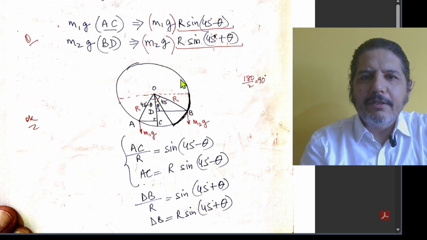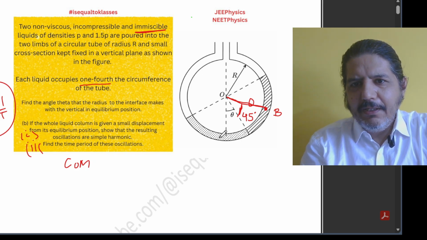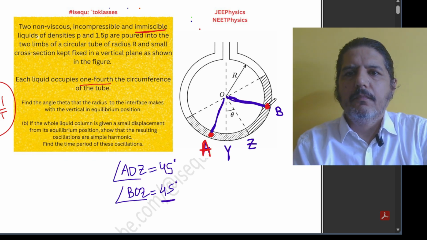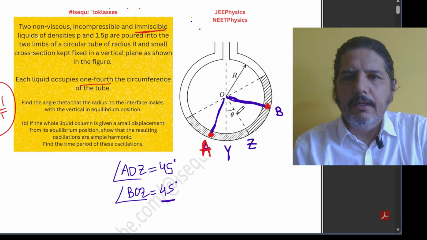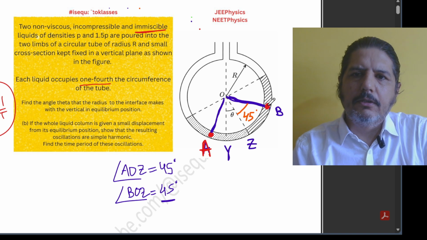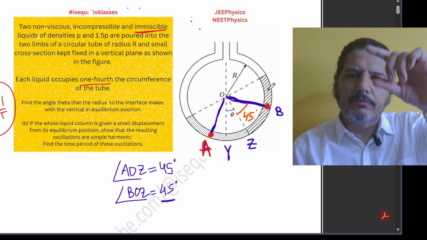Now I have called the center of this liquid A. So let the center of mass be A. For the angle BOZ, I have said that this angle is equal to 45 degrees, where B is the point where the center of mass of this liquid is.